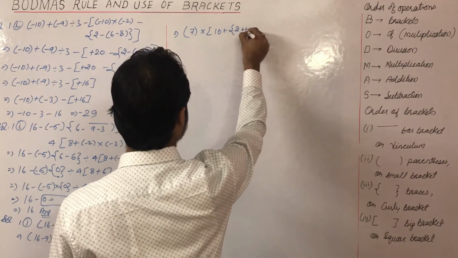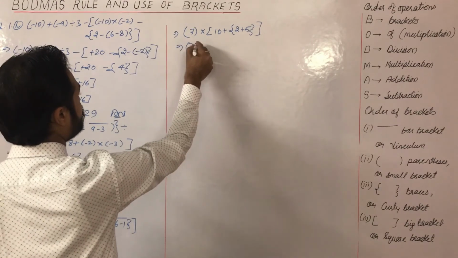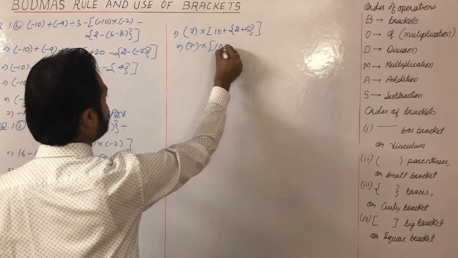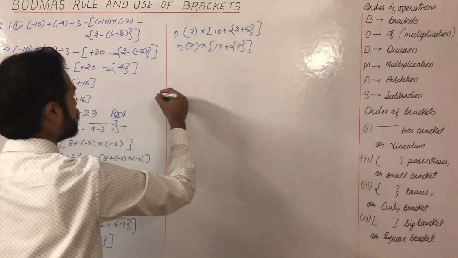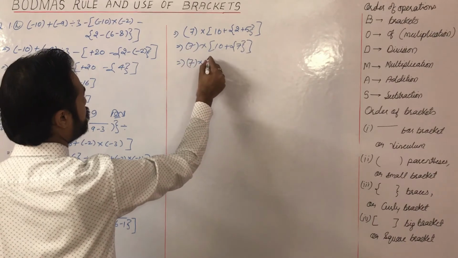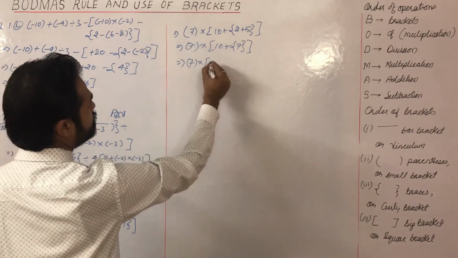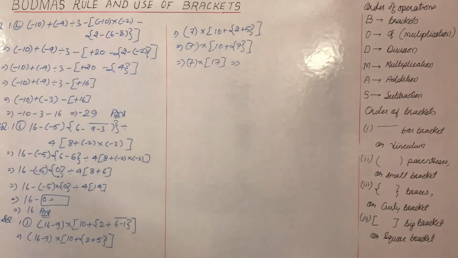We'll write 2 plus 5 as it is, and then in the next step 7 into 10 plus 7, like this, and 7 into inside this bracket 10 plus 7 is 17, so 7 into 17, 7 in the small bracket, 17 in square bracket.